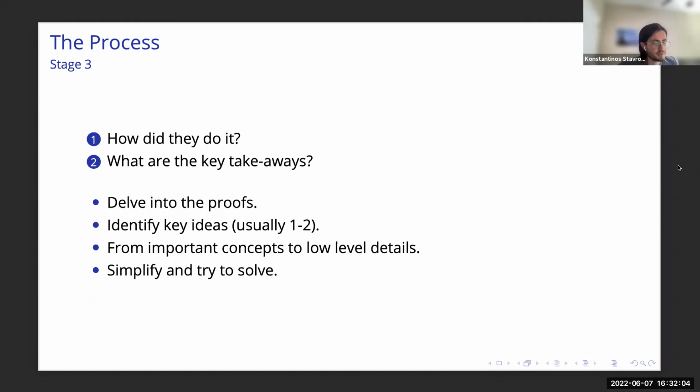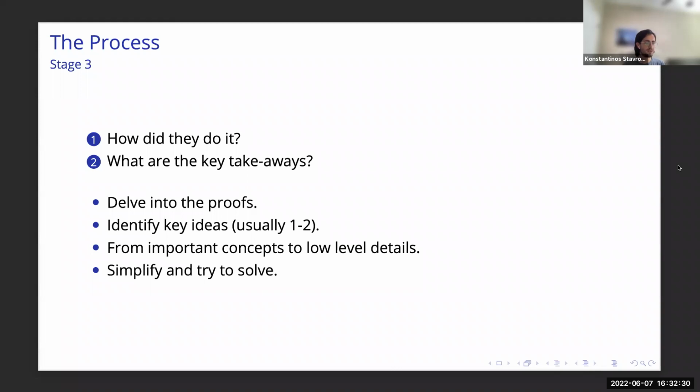So reading the proof, again, is not a linear task. One should not read a proof in a linear way. Remember that every proof is proven by some person, right? Most probably some very clever person, but still a person. So there is some idea behind everything, right?